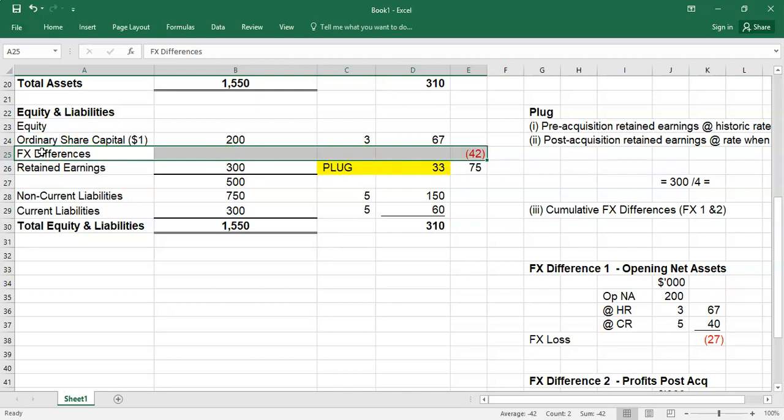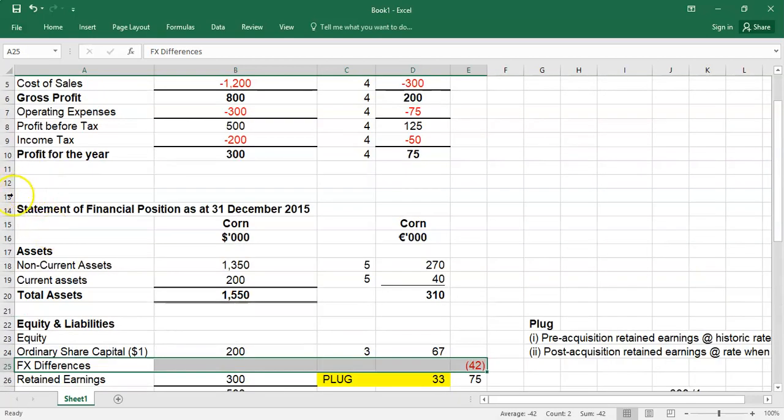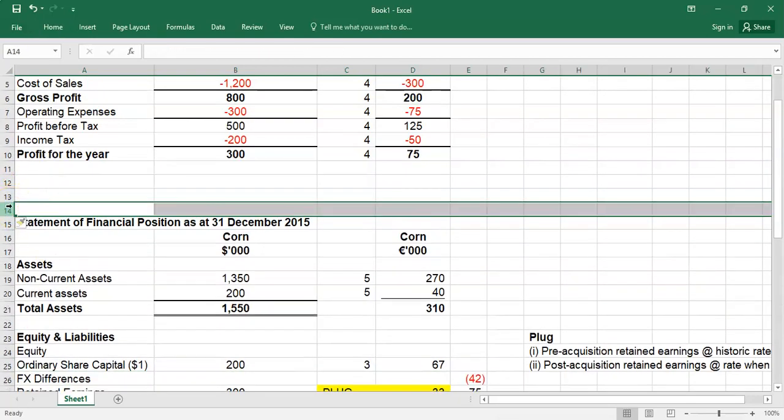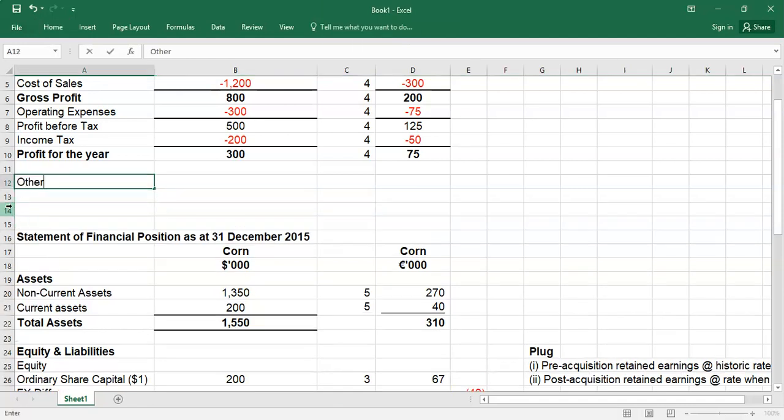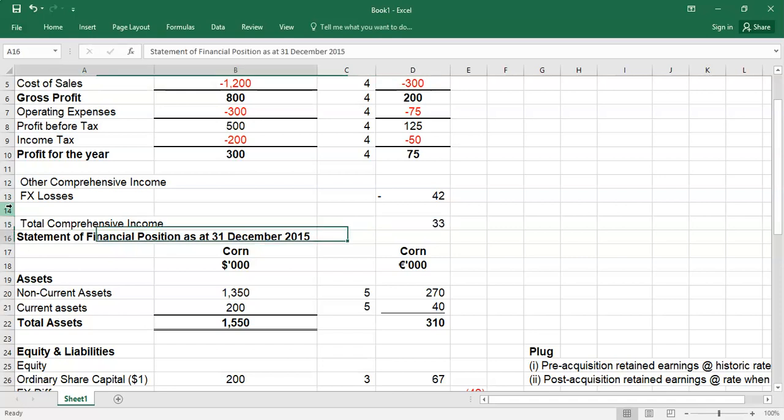So therefore, technically, in your P&L, you're going to have a new section, and it's going to be called Other Comprehensive Income. And you're going to call it FX Losses, and then you're going to have minus 42, which is total comprehensive income, will be your 33.